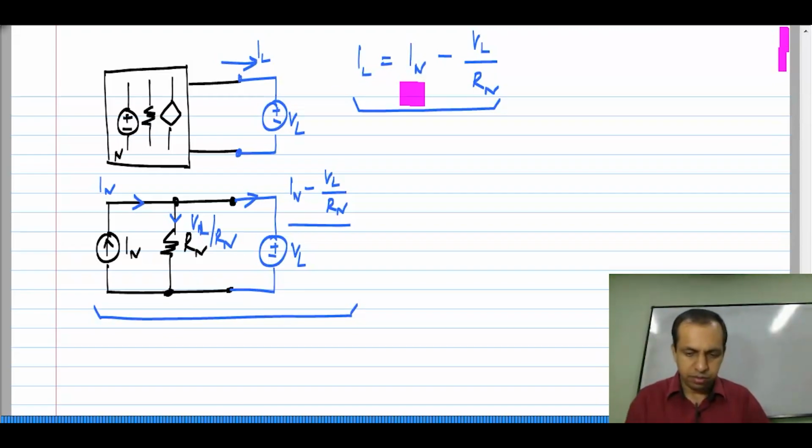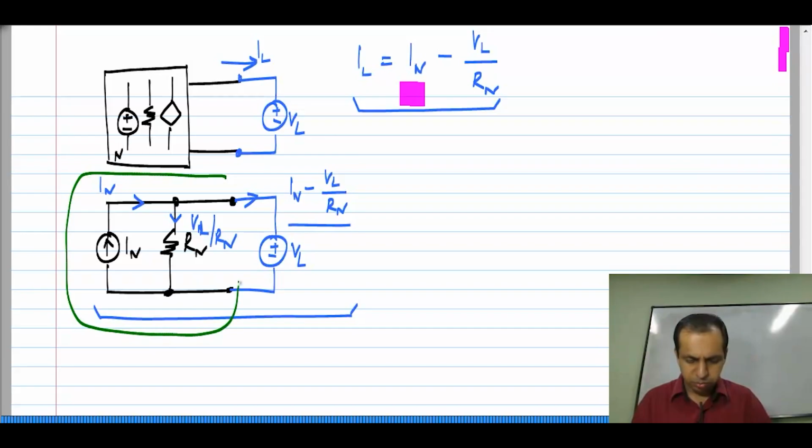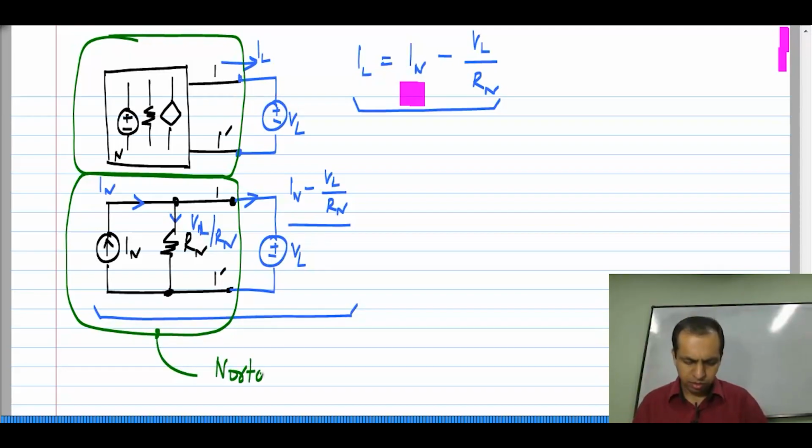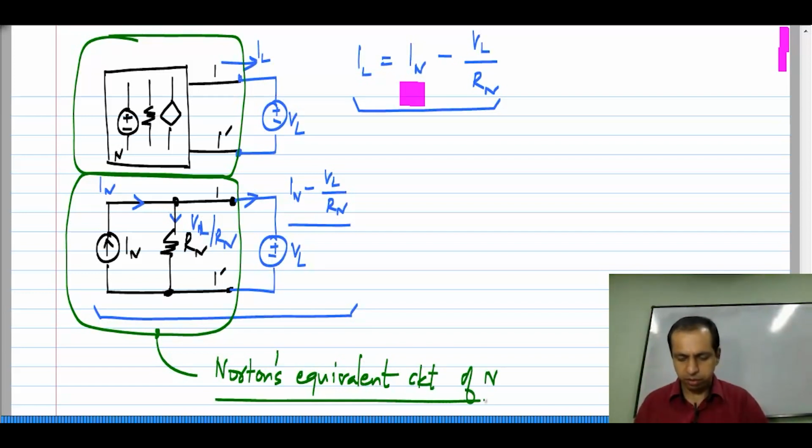And this particular circuit is the equivalent of this at the terminals 1, 1 prime. Okay. This is 1 and 1 prime, and this is known as Norton's equivalent circuit of the network N.